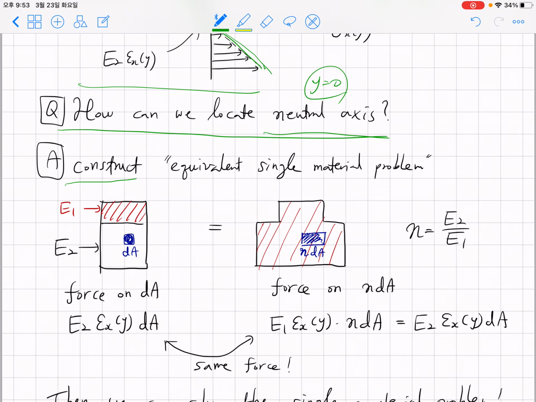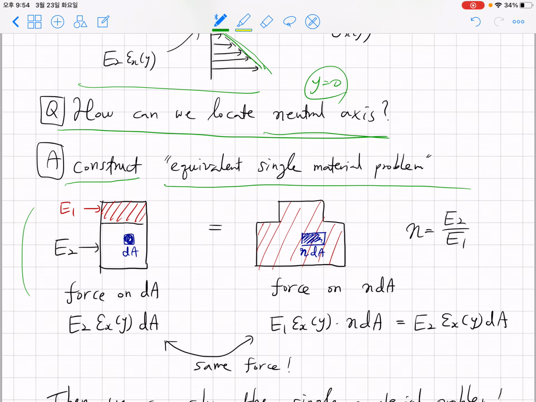For that, we have to construct an equivalent single material problem. Of course, there is a method to solve the problem as it is, but for ME231, because we want to offer the simplest possible explanations on how to approach the problem, I will introduce a method of constructing an equivalent single material problem.